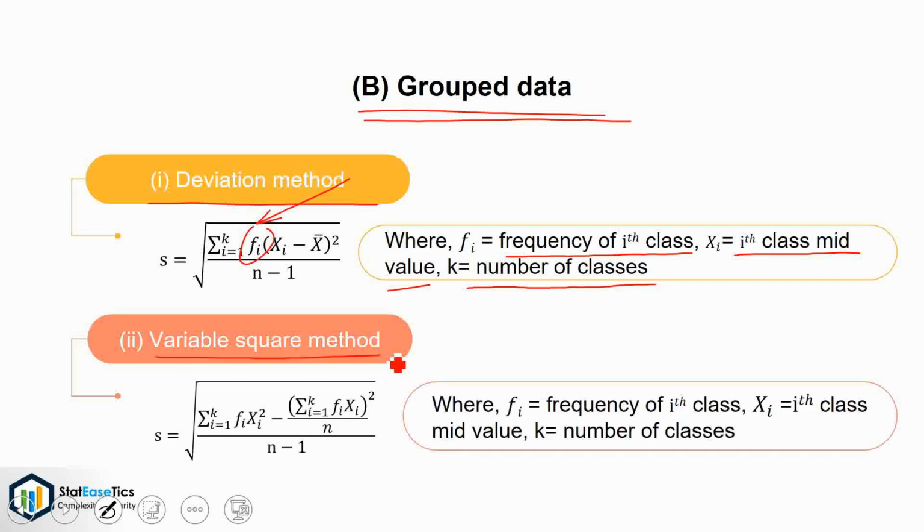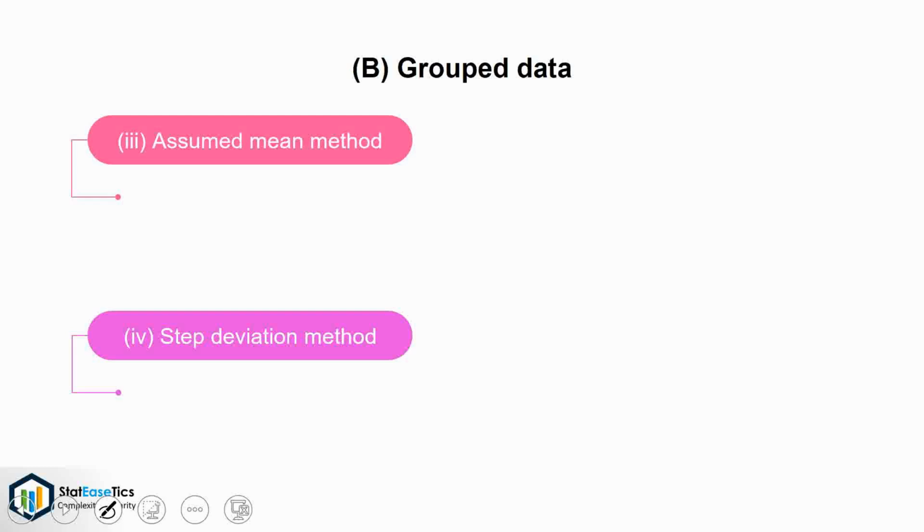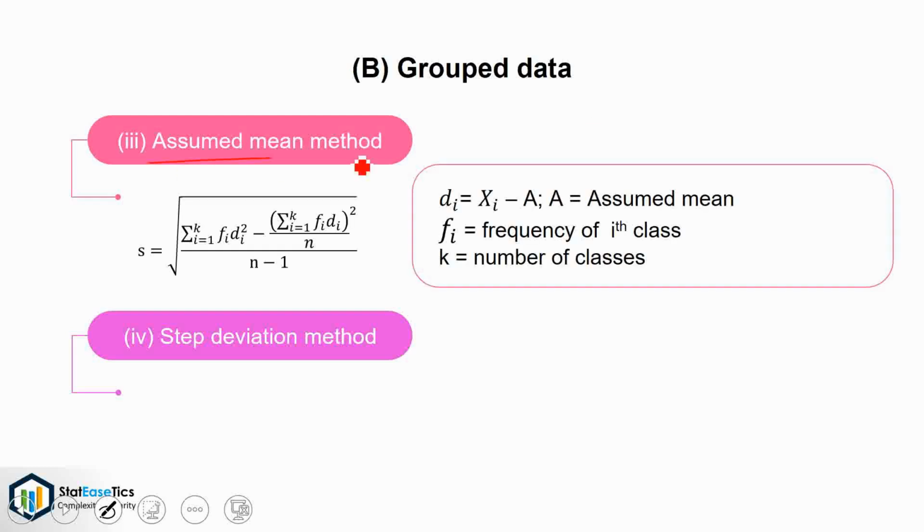Similarly, in case of variable square method also, we add the frequency terms at these two places in the formula for ungrouped data. So we get the formula of variable square method for grouped data. Similarly, in case of assumed mean method also, in the formula of ungrouped data, we add the fi frequency terms at these two places to get the formula for grouped data.